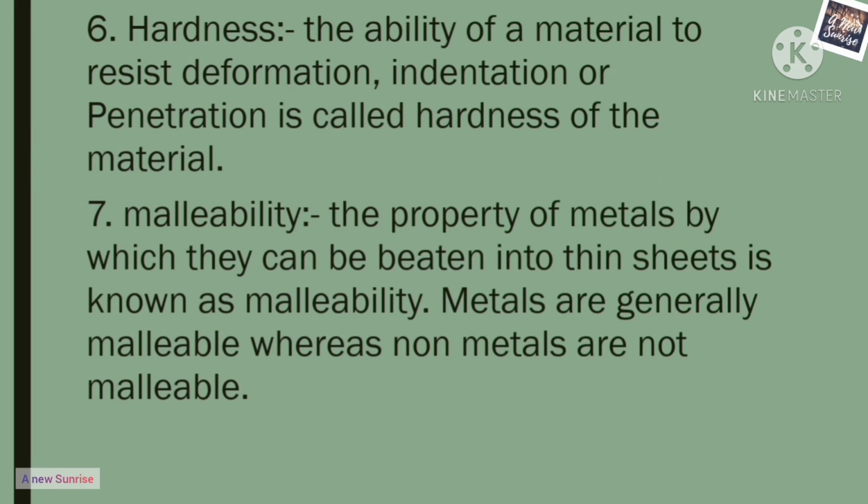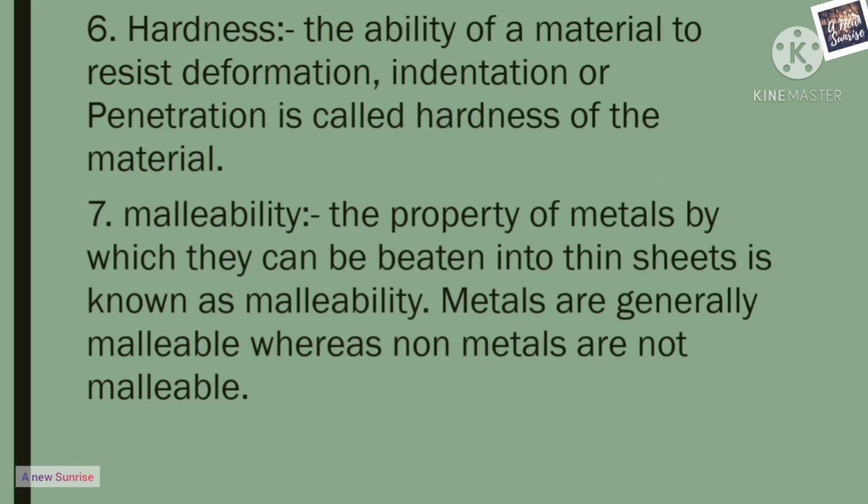The ability of a material to resist deformation, indentation or penetration is called hardness of the material. Metals are generally hard and non-metals are not hard. It means they are comparatively soft. But a non-metal named diamond is the world's hardest material.